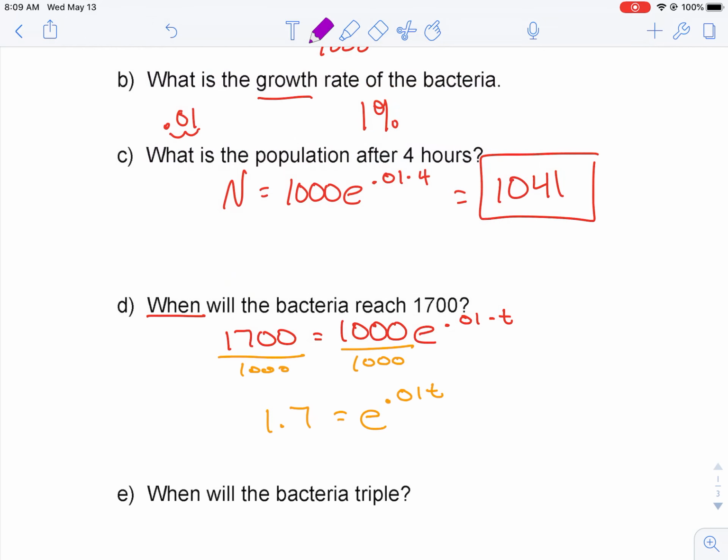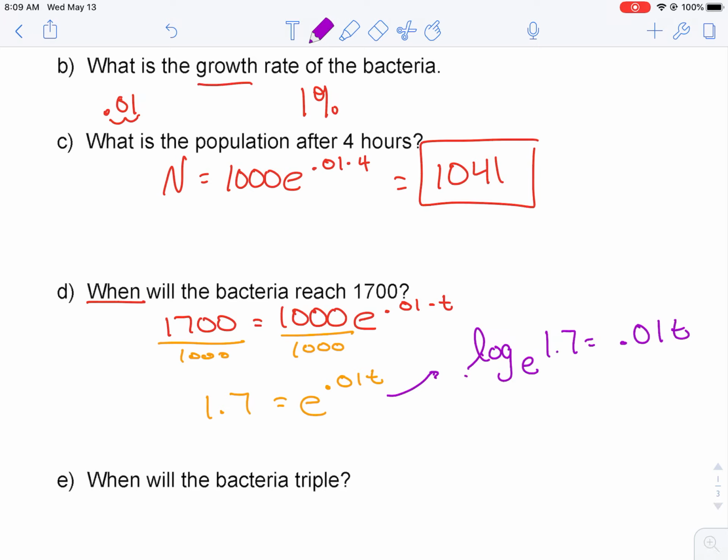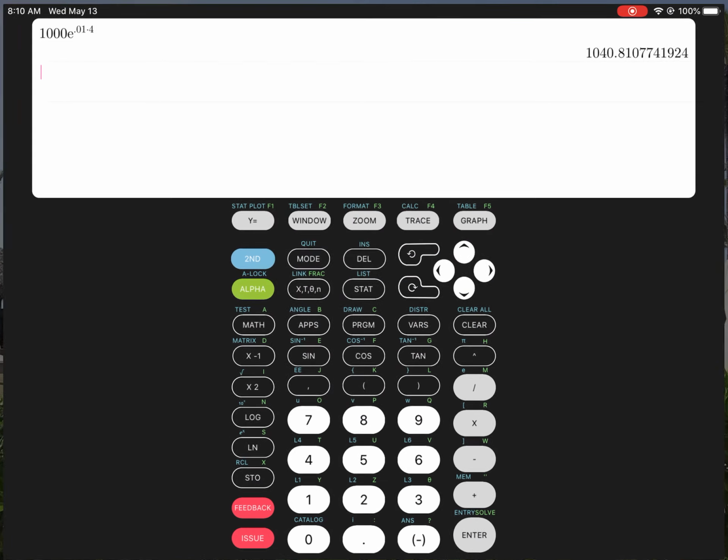Now that equation is an exponential equation, so to solve it, we're going to have to put it into log form. So it's going to be log base e of 1.7 equals 0.01 t. Well, we know log base e is just ln, so it's ln of 1.7 equals 0.01 t. So we're going to have to do natural log of 1.7, hit enter in our calculator, and divide that number by 0.01.